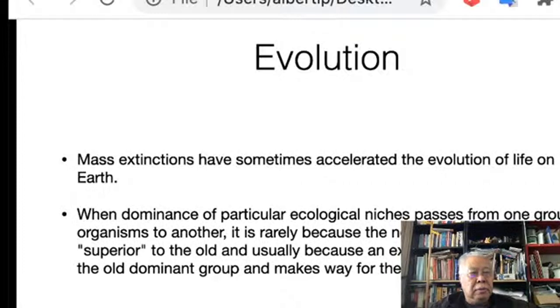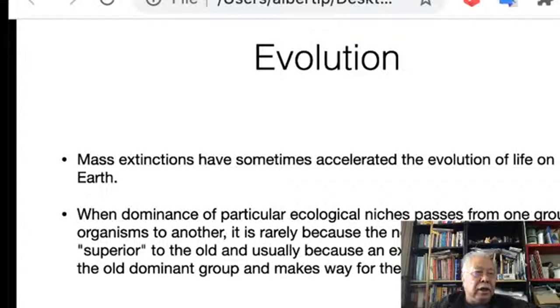But once the dominant species is removed through extinction, suddenly the ecological niche is available. Once the ecological niche is available, then we have a new pulse of rapid evolution, trying to compete to get to that ecological niche.